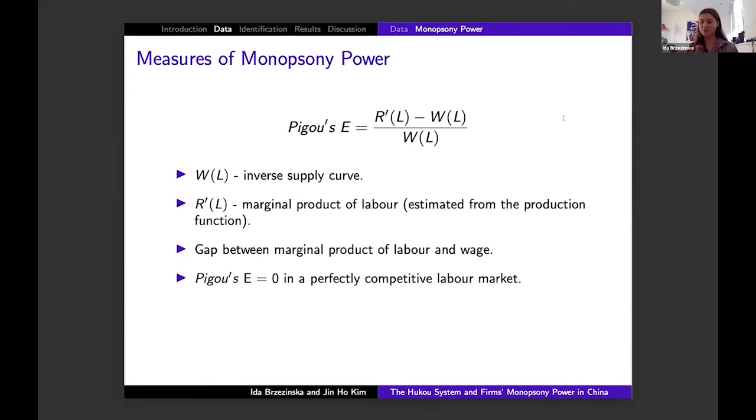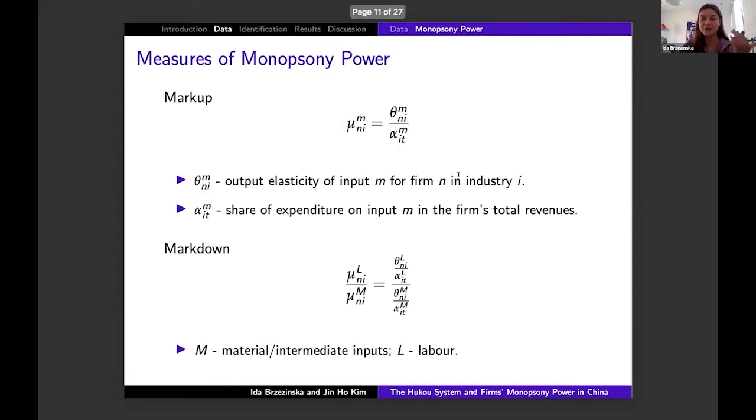But this measure is imperfect in the sense that there are different reasons why there could be a gap, right? Like there could also be distortions in the output market. So we adopt another measure that is arguably more robust, where we're trying to capture or filter out this distortion in the output market. So we use the concept of a markup, the output elasticity of an input over its share of expenditure in the firm's total revenues. And again, we take a benchmark case of materials or intermediate inputs as the case of no monopsony power.